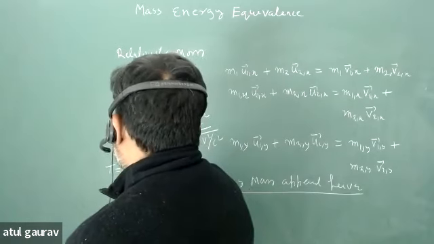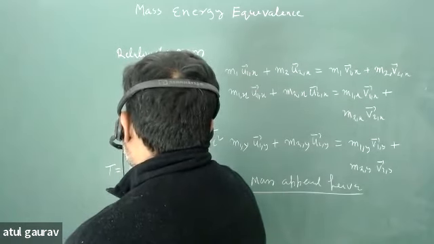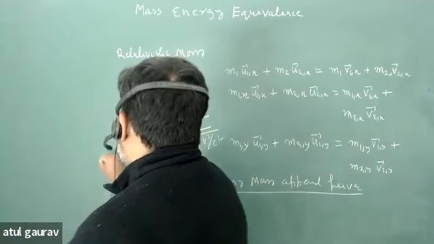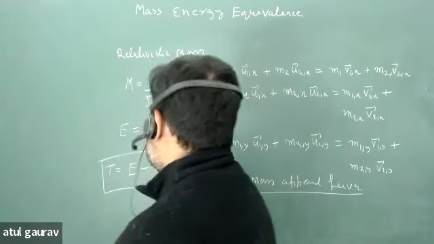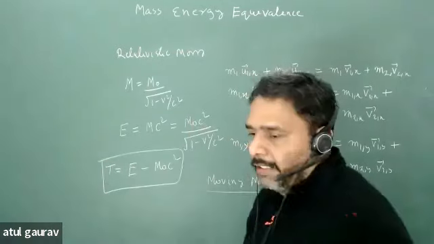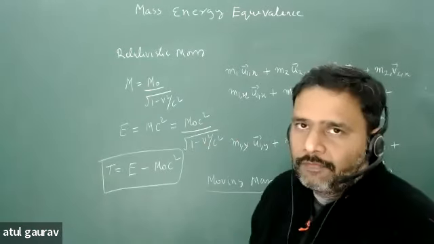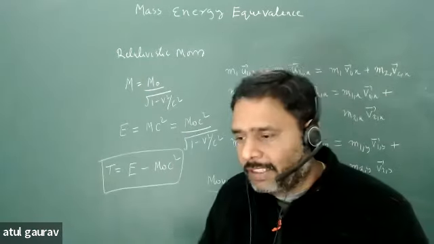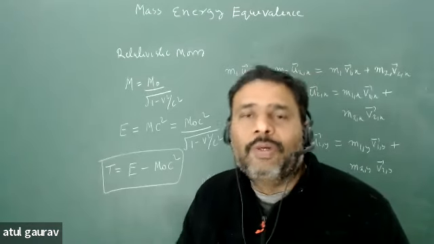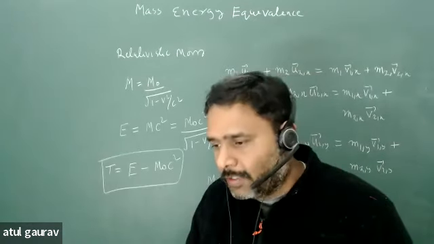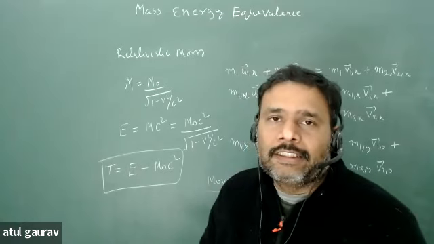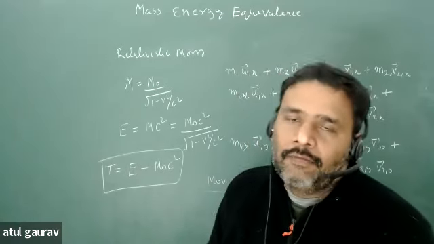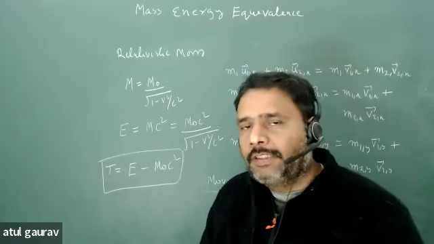The kinetic energy is E minus m naught c square. This is your mass energy equivalence formula. And once mass is going to change, then obviously momentum is going to change. Your expression of force is going to change. Every dynamical variable is going to change.